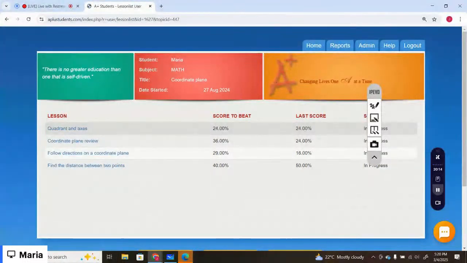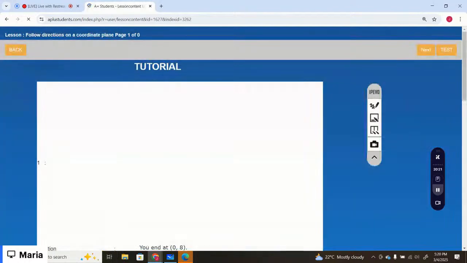The next lesson is follow directions on a coordinate plane. Let's just start with the lesson.